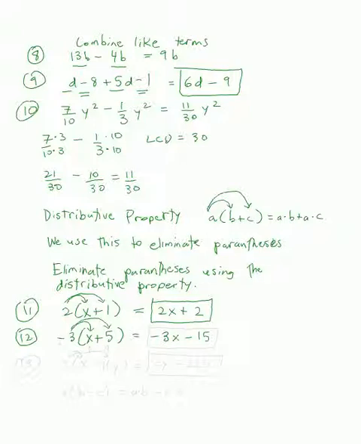Notice that the negative and the positive multiplied to make a negative. Another way to think about it is that this negative sign right here switches the sign of both of these. So since we started out with a positive x and a positive 5, we ended up with a negative 3x and a negative 15. Okay.